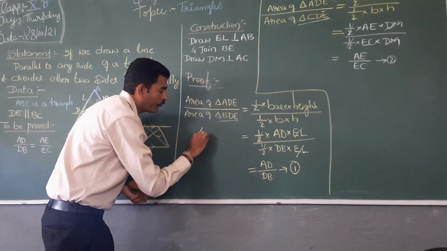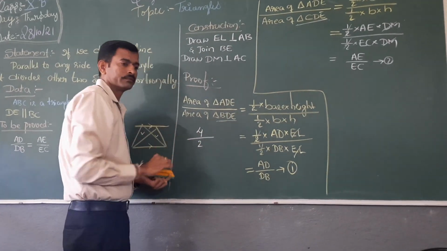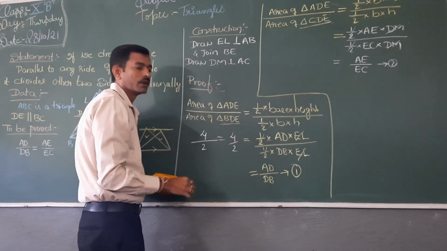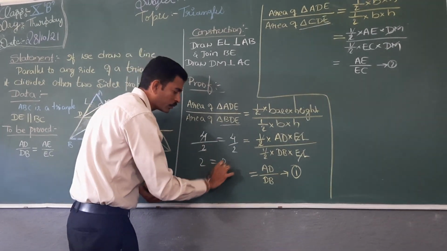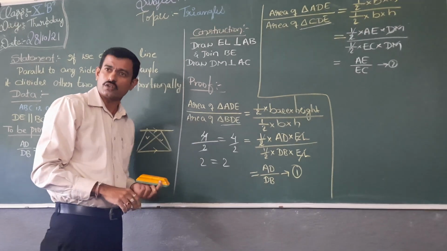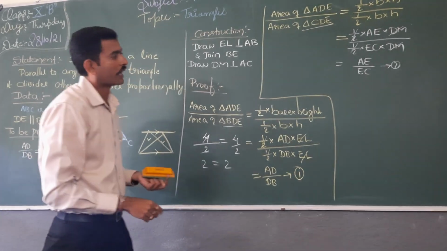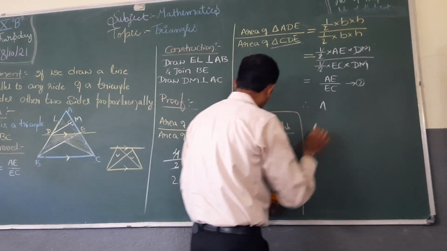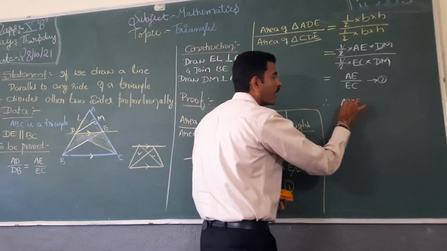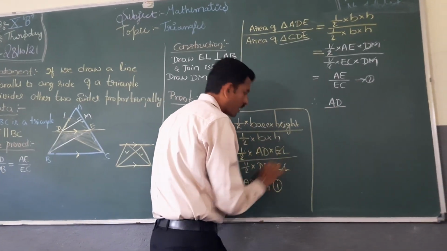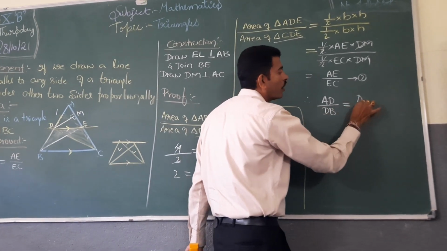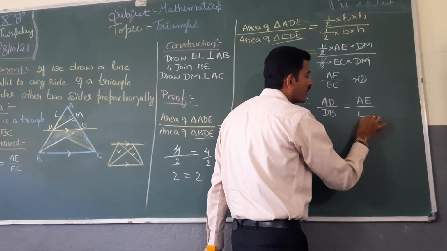For example, 4 by 2, there also 4 is there, that is 2. Reminders will be equal. Understood? Don't get confused. So I can say AD by DB is equal to AE by EC.